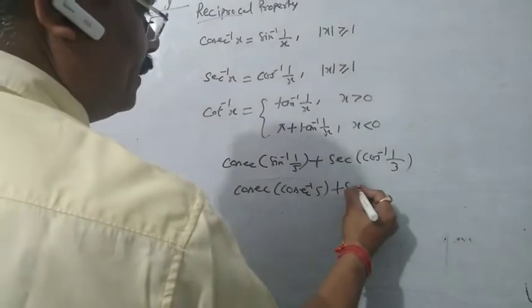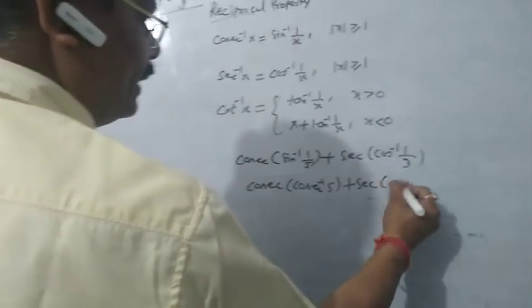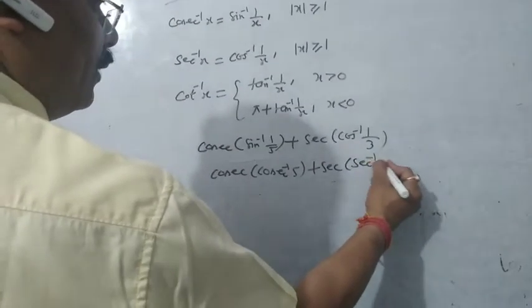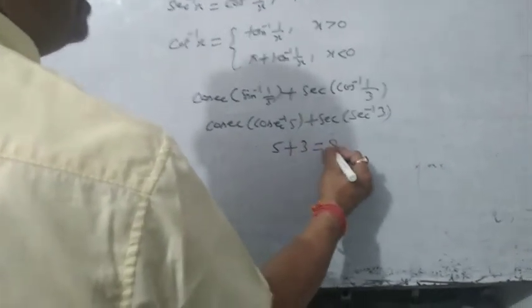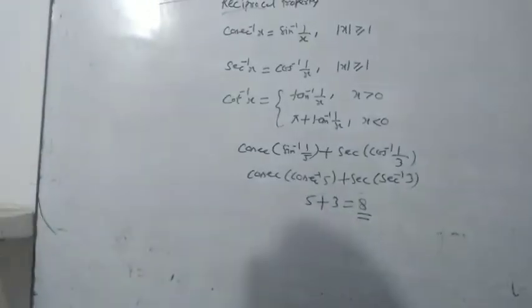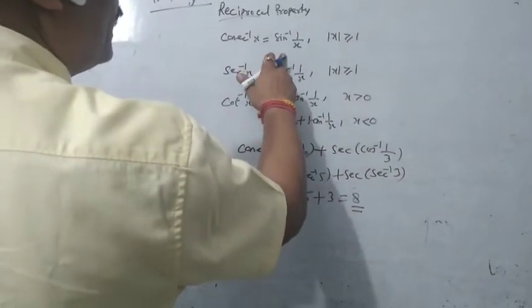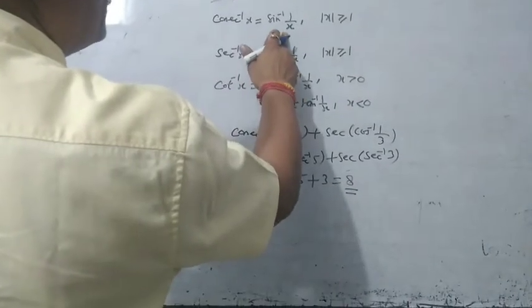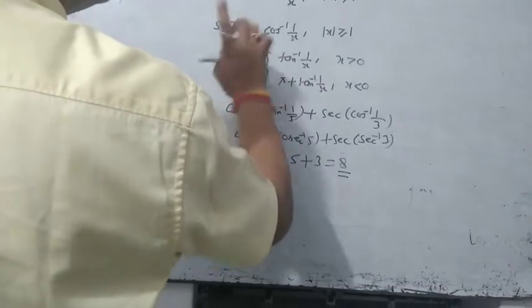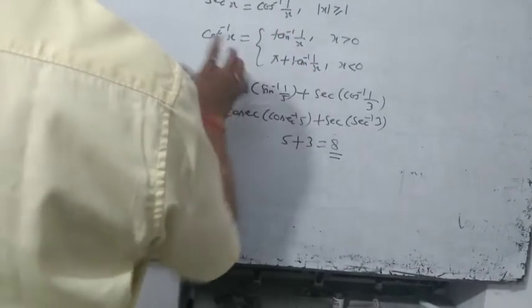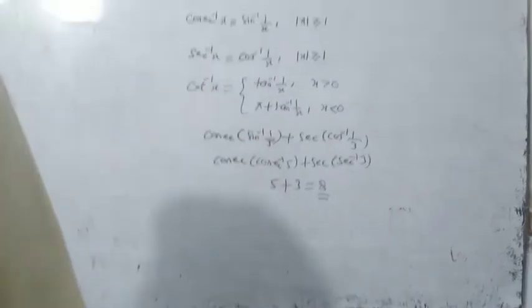Similarly, sec of cos inverse 1 by 3 is written as sec inverse 3. Here 5 plus 3, the result is 8. So this is the reciprocal property: sin inverse x is converted to cosec inverse 1 upon x, cos inverse x is equal to sec inverse 1 upon x, tan inverse x is equal to cot inverse 1 upon x, and vice versa.